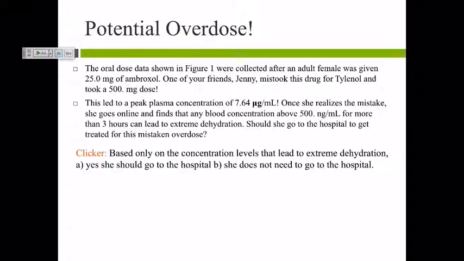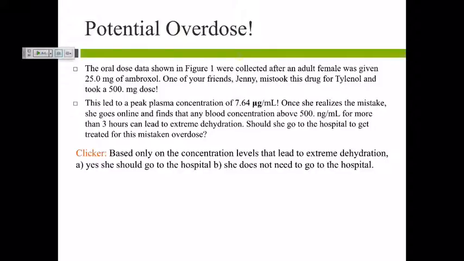What are the units? It's ng over mL times hours, in parentheses, so you flipped that. I get it. All right.